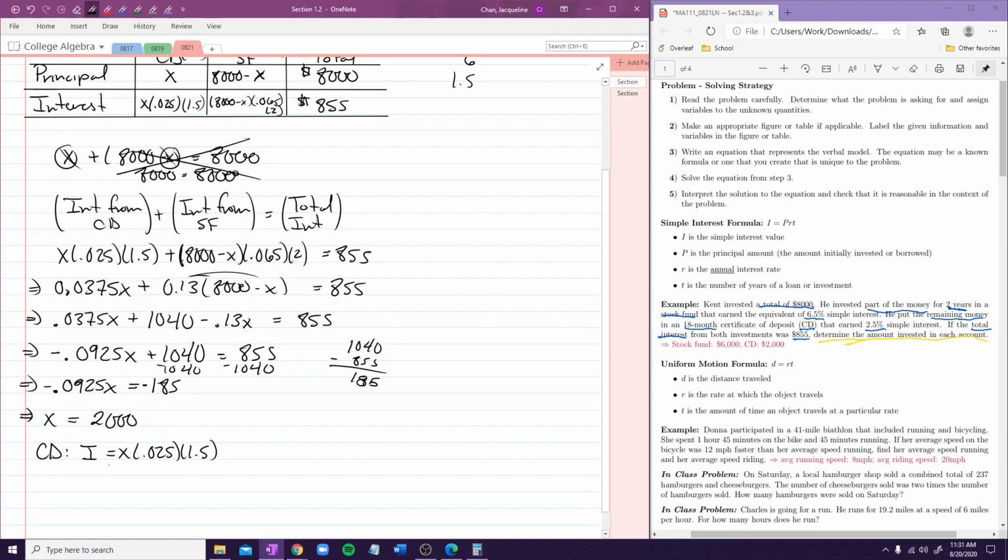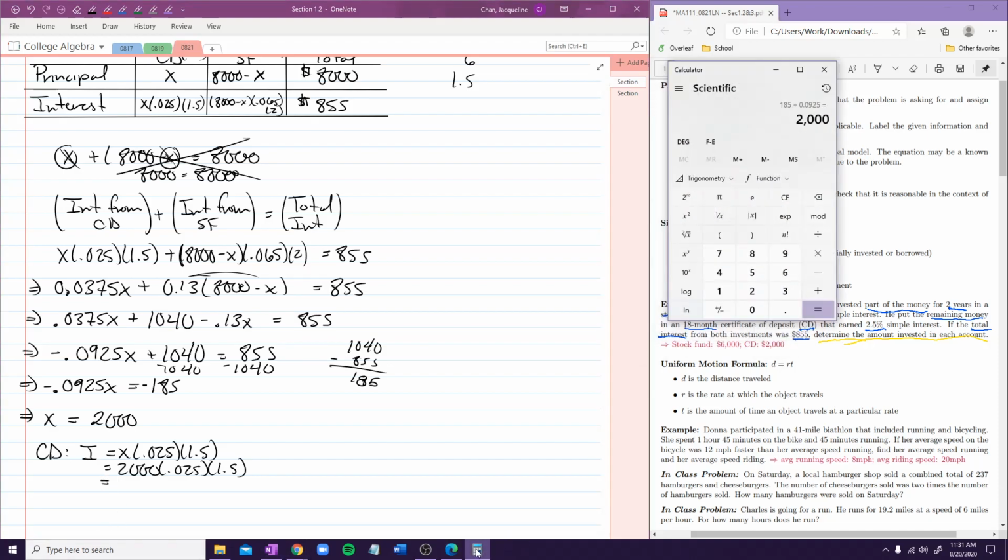In this case, we know x is 2,000. So 2,000 times 0.025 times 1.5, that's $75.